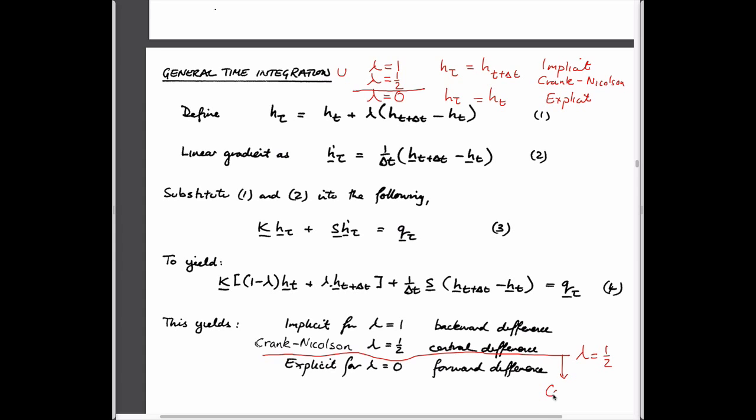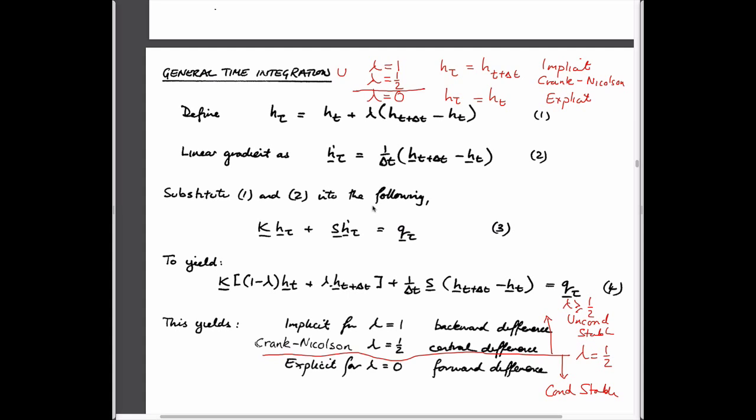This is conditionally stable. And this, including Crank-Nicholson at 0.5, is unconditionally stable, for lambda greater than or equal to a half. It includes this.